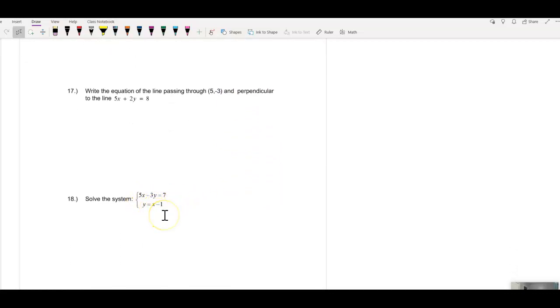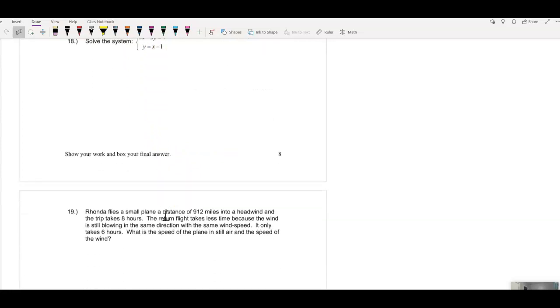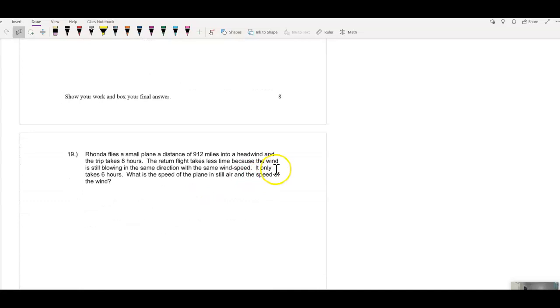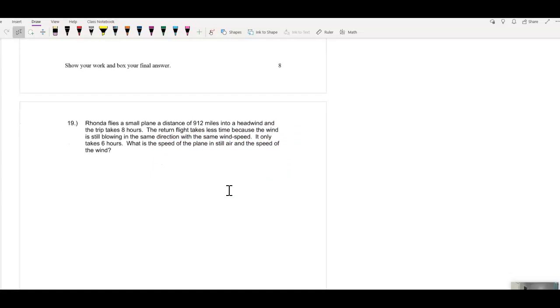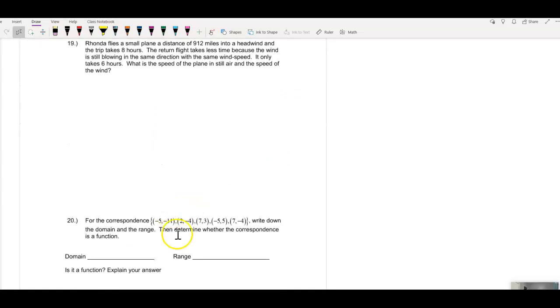Solving a system with either substitution or elimination. There's a little plane problem with the wind and against the wind. And then there's these correspondence, finding the domain and range if you're just given points. Okay.